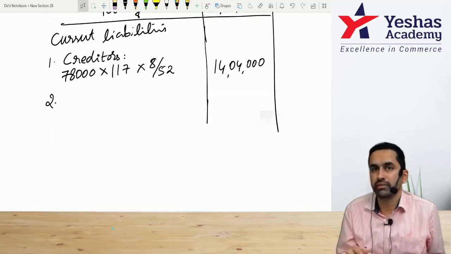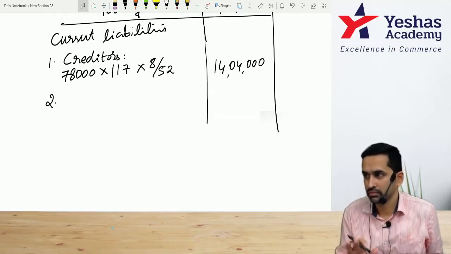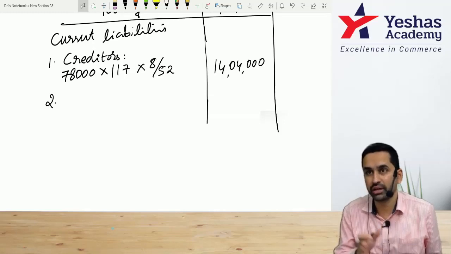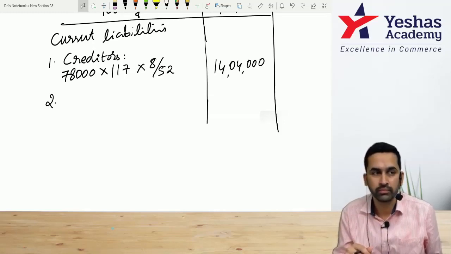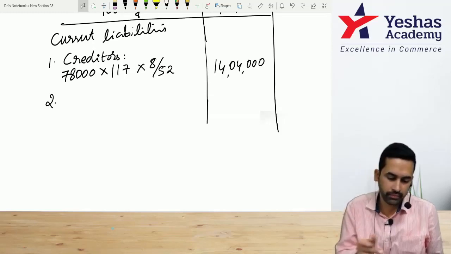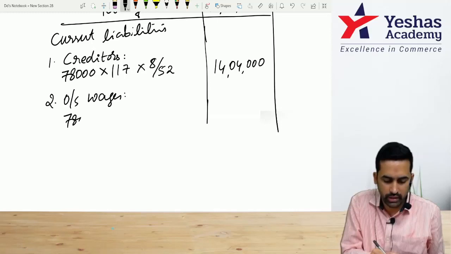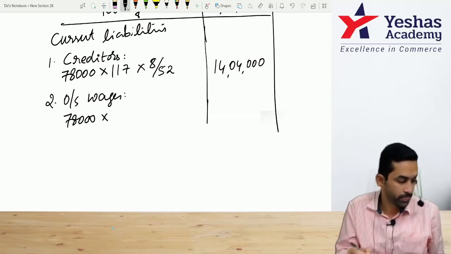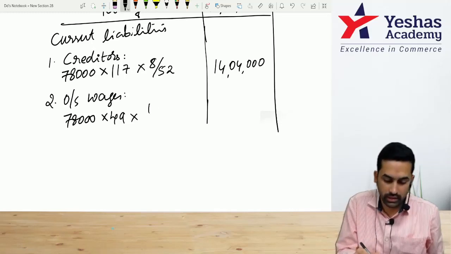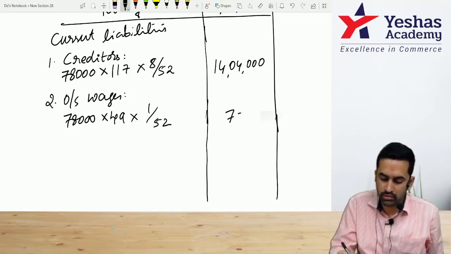This much of money which belongs to my creditors is with me. Correct? In a way, they are funding my business. Right? Next, outstanding wages: 78,000 into labor cost, and that we can delay by 73.